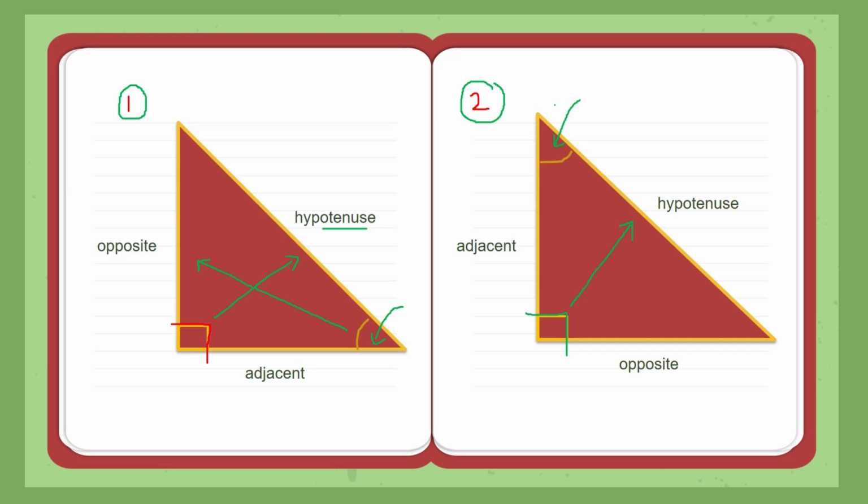If we are going to work with this angle, the side which is facing that angle is called the opposite, and the other side, on which the angle and the 90 degree angle lie, is called the adjacent side. Before we go forward with trigonometry, it is very important that we understand the sides and their names.